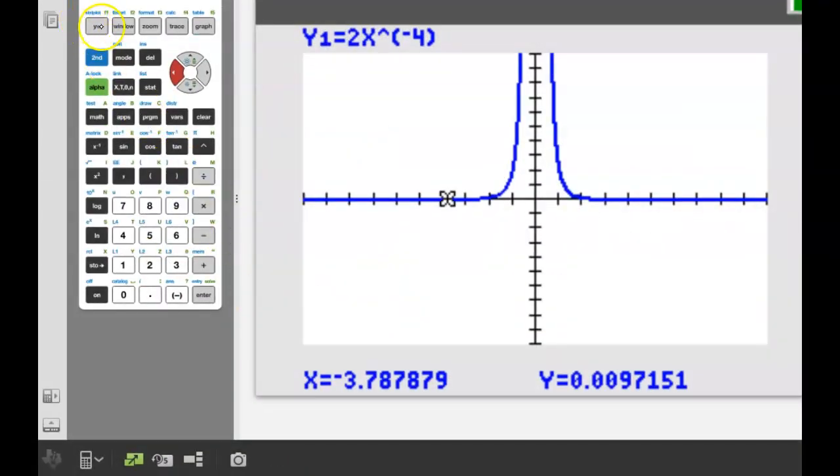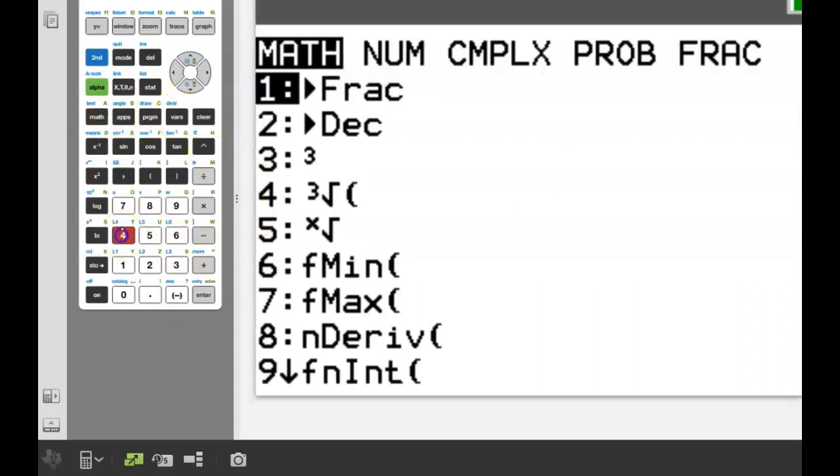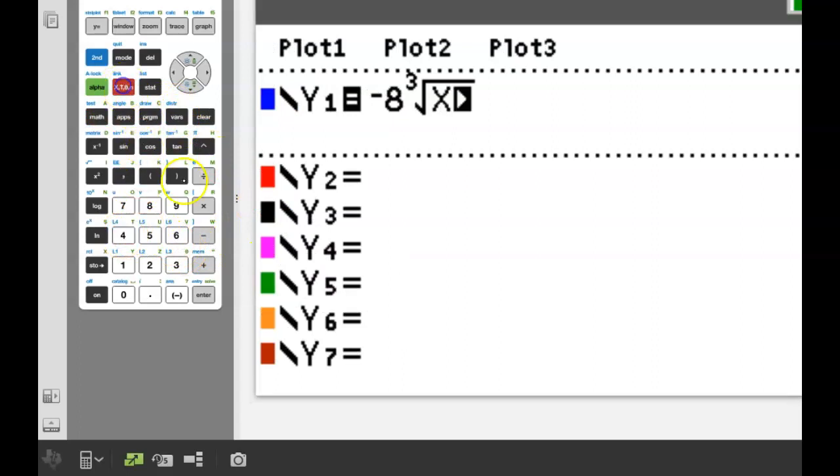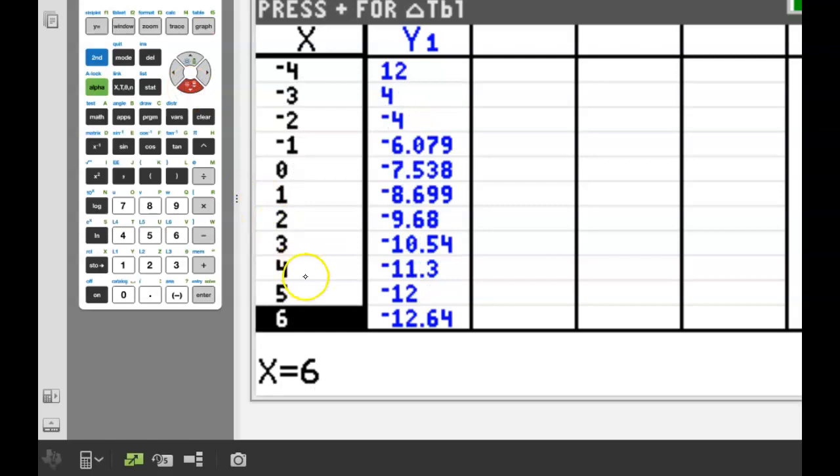And again, to check that, -8 times the cubed root of, what did we have? I already forgot. x plus 3, plus what? 4. Okay. And then we could go to the table, and it was supposed to be going through, what was the ordered pair? 5, -12 is indeed there.